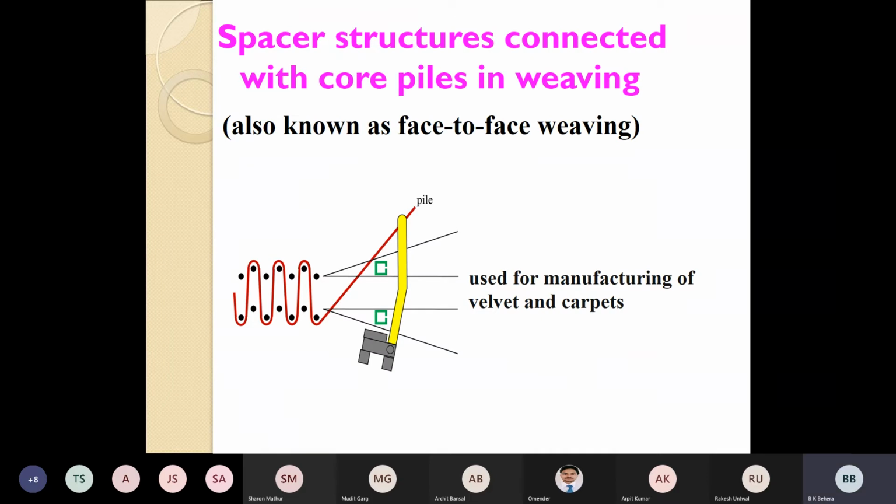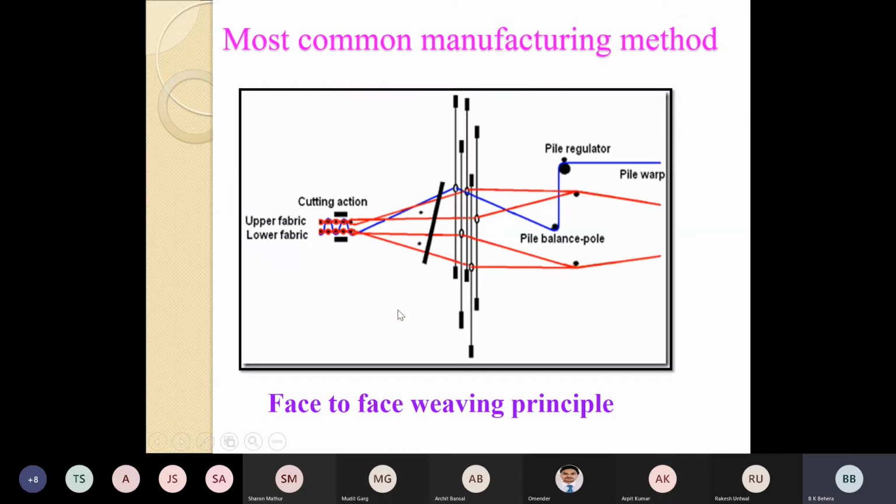This is the most common technique to produce spacer fabric. It's called face-to-face weaving. More or less the same as velvet weaving. I will show you a better diagram in the next sequence. Look at this.